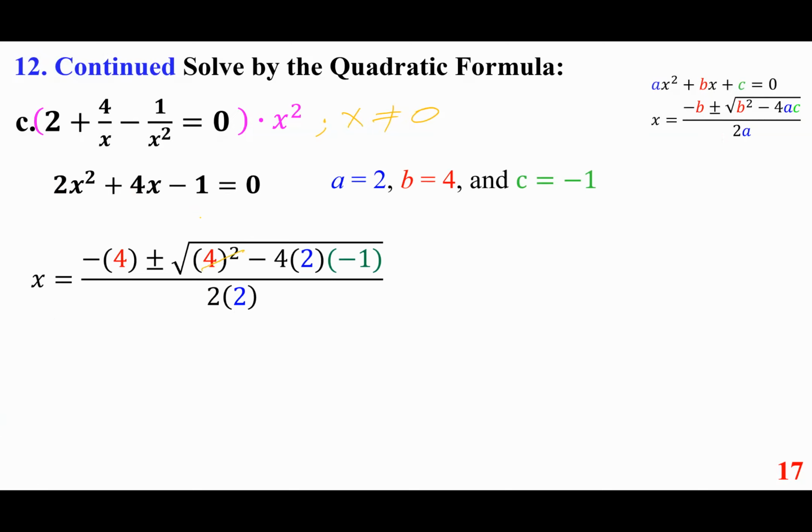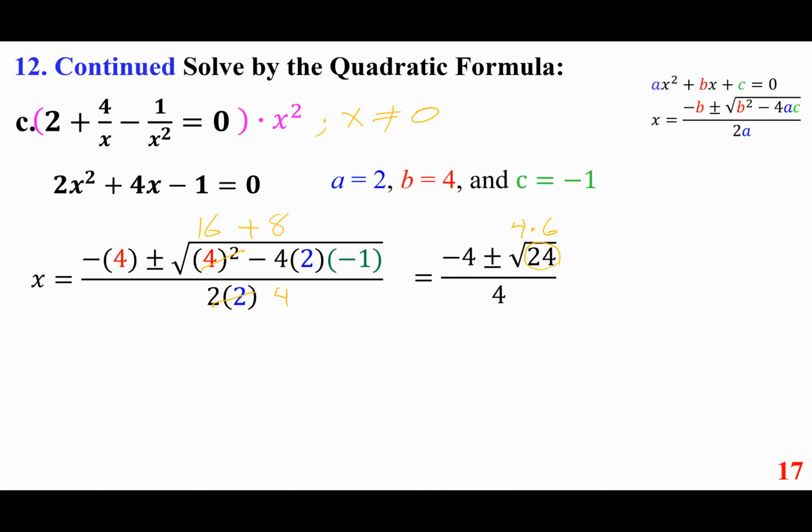So this is 16 minus, and minus plus 8. So under the radical, we have 24, needless to say. This is 4. Again, we notice 24 is the product of 4 and 6.